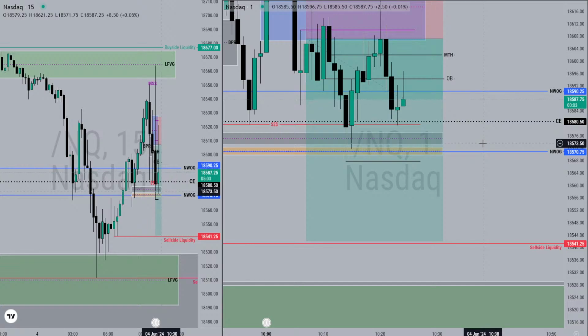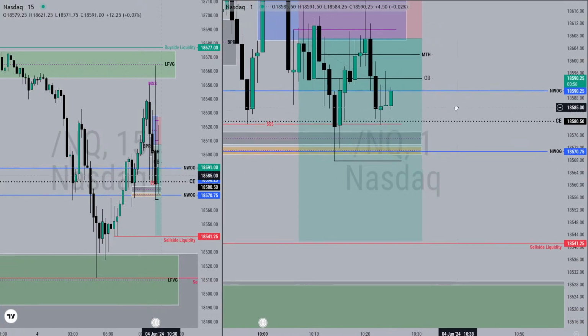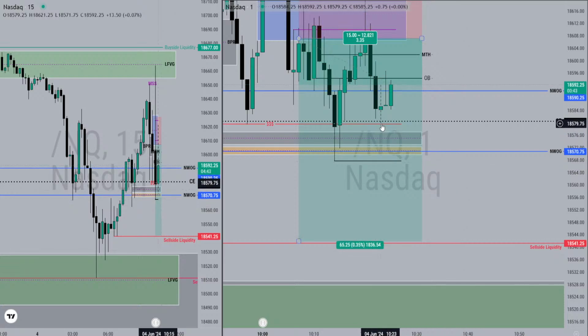Let's see. The very next candle should be bearish. It should fall below this low.